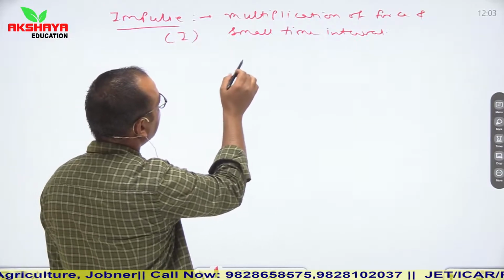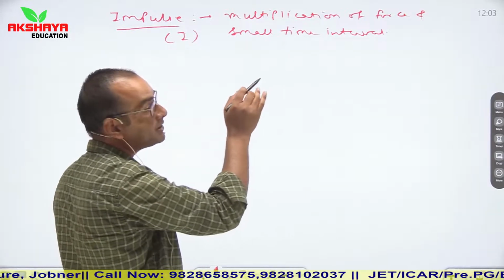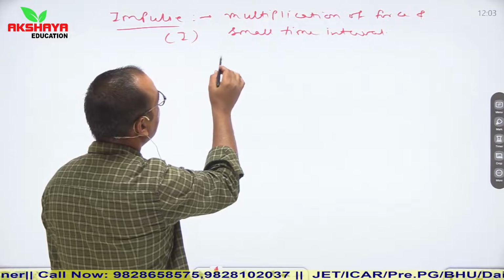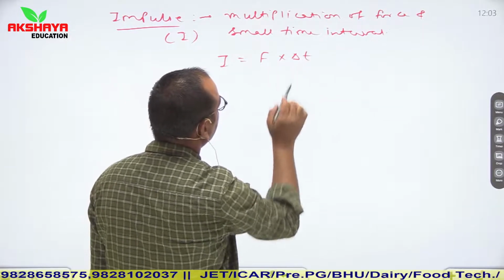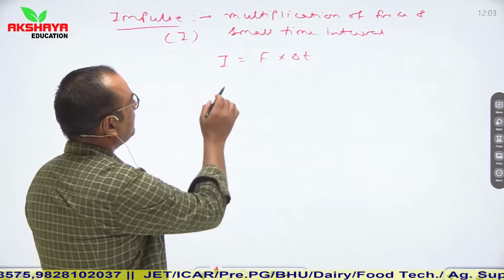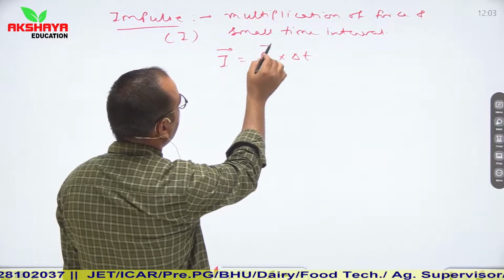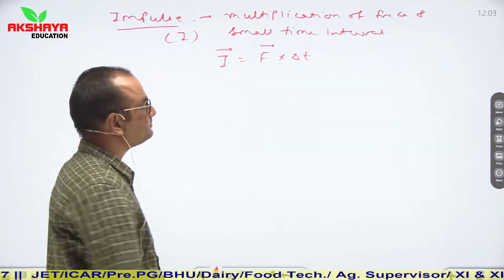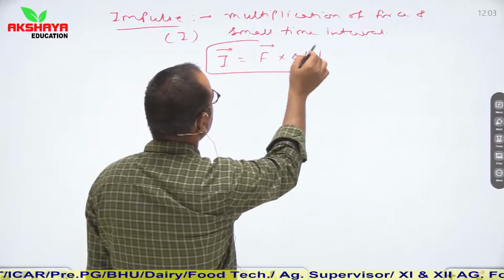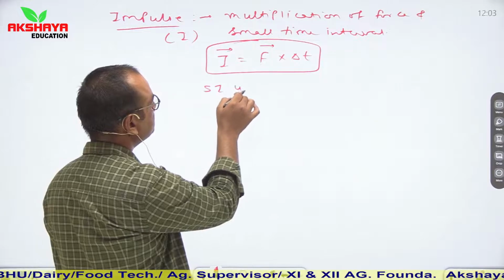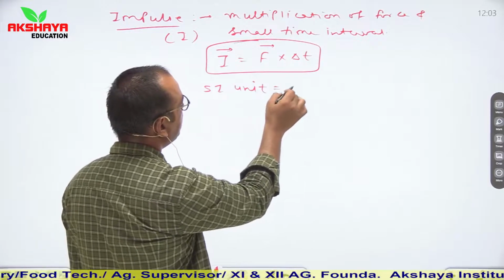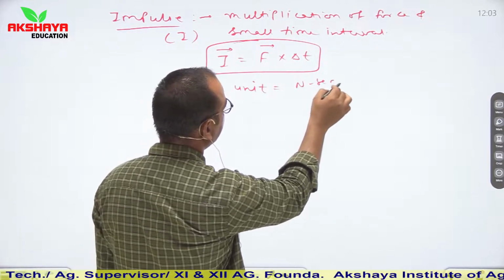So if we say that the applied force is F and the time interval is del T, then I is equal to F into del T. In vector form, I vector is equal to F vector into del T. So this is the concept of impulse. Its SI unit is Newton second.